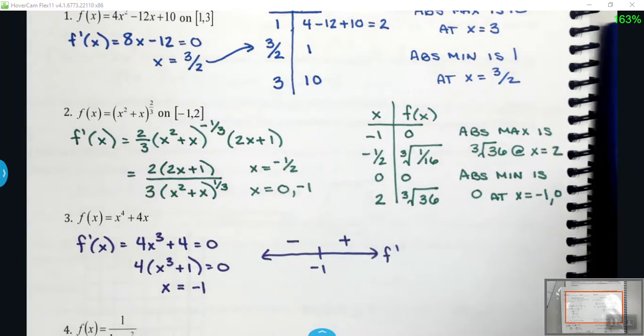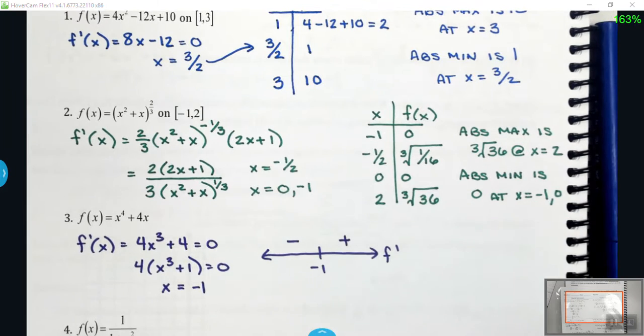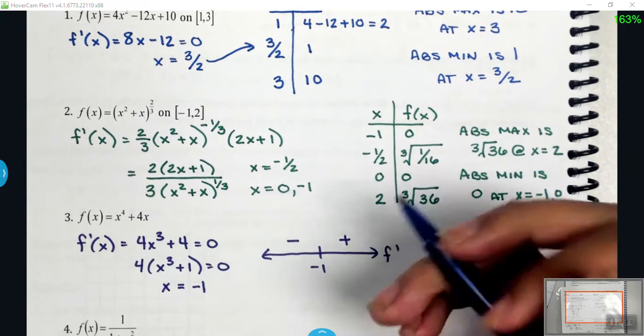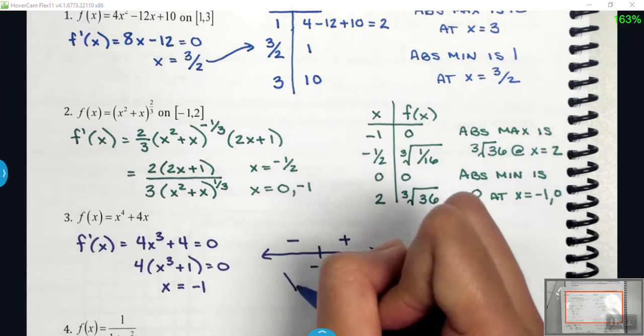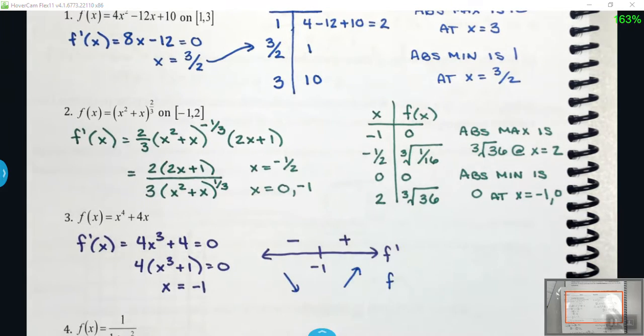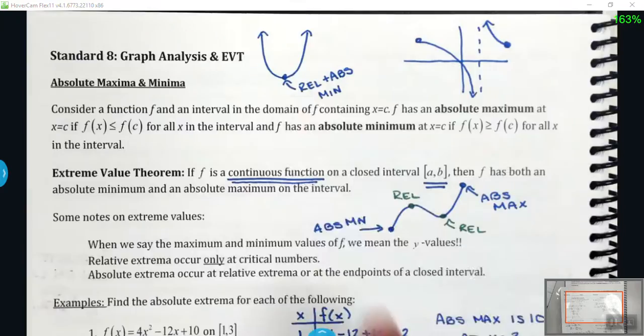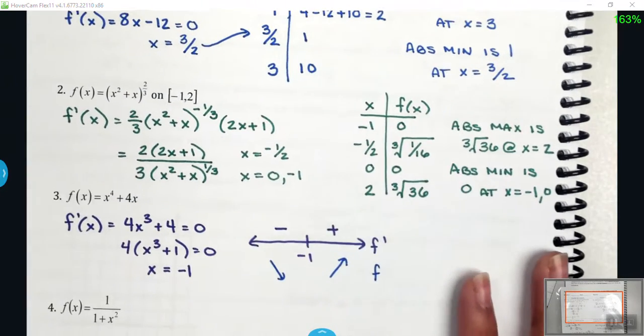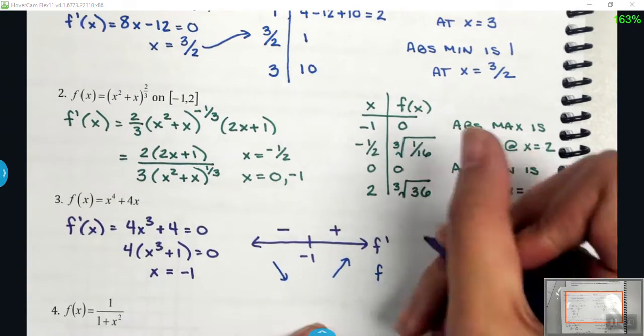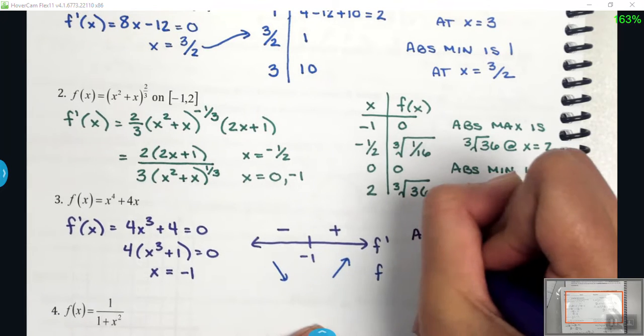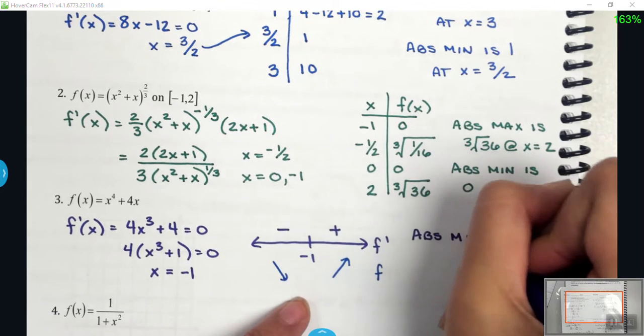So f prime is going from negative to positive, which means that f is going from decreasing to increasing, which means that at -1, it's like this graph, where I only have one location where I change directions. So I am going to have an absolute min.